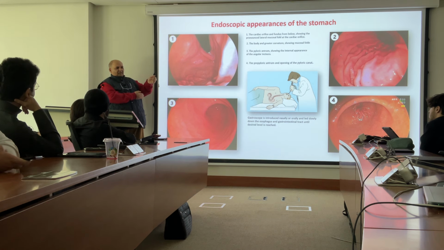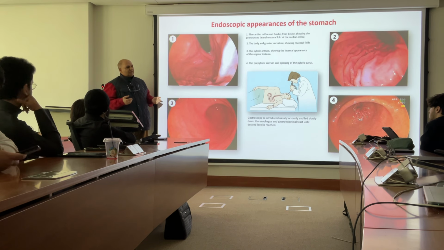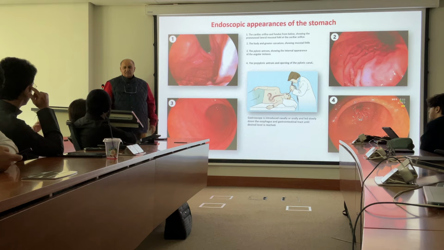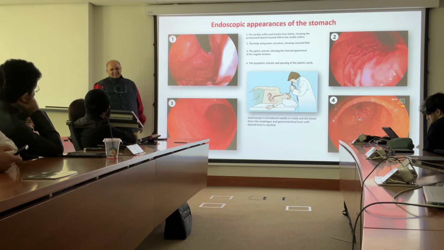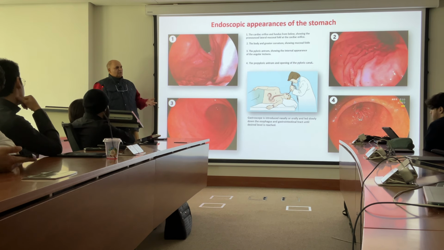If I bend it, can I see this tube? Yes. So I'm looking at the tube. And basically, the idea is not to look at the tube. The idea is to look at the cardiac end of the stomach. When we do this endoscopy, when we are hunting for any pathology, it's not like, oh, let's do gastroscopy for fun. No. It's being done for some diagnosis, to detect some problem.